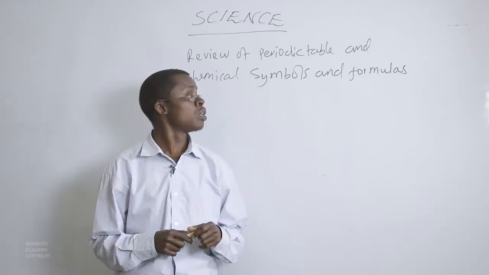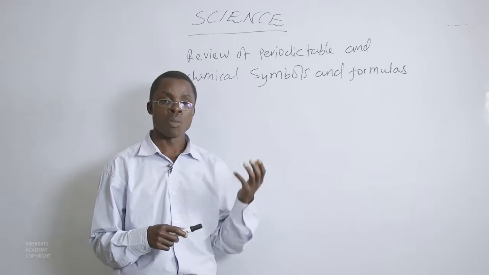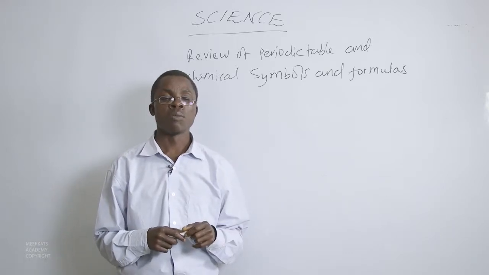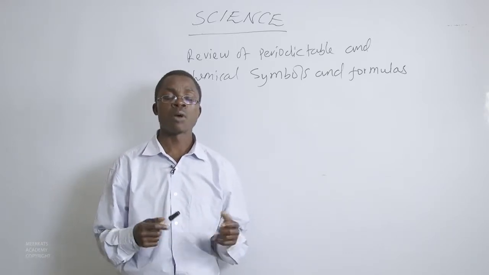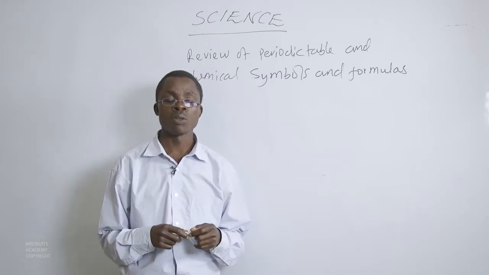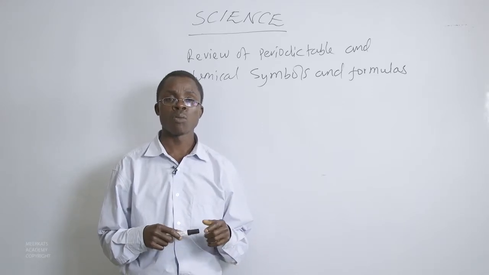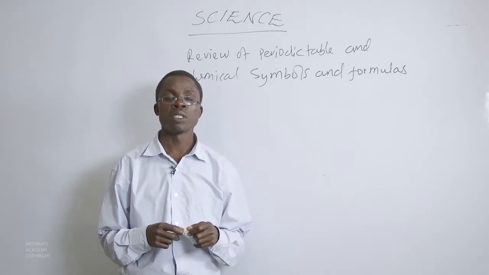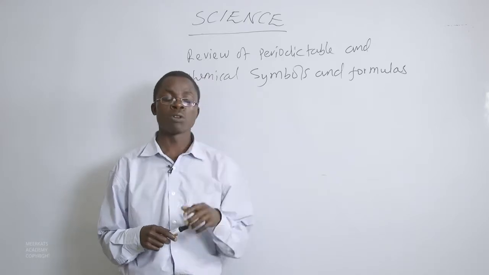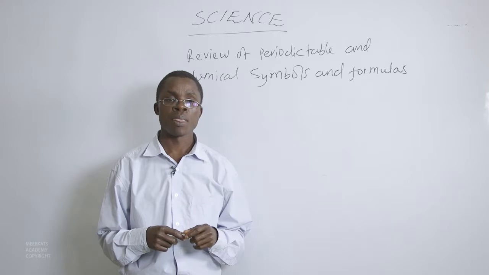We further went to how the symbols of compounds came into being, how you can name a compound, the rules you are supposed to follow to name a compound. And we even saw that compounds are not just compounds. We have compounds that have only two elements in them, and we also have others that have more than two elements in them.